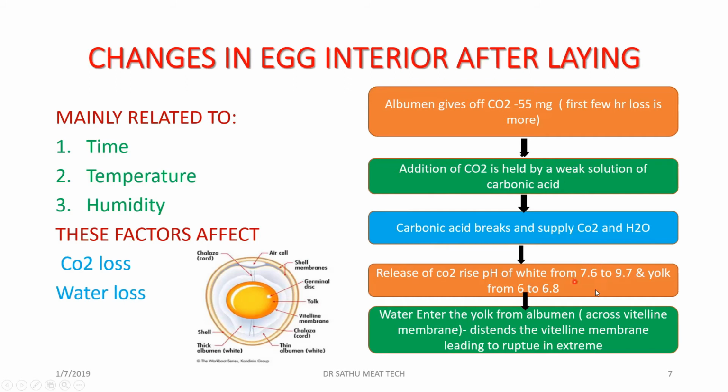Normally in the fresh egg, the pH of the albumin will be around 7.6. Due to the loss of carbon dioxide, the pH keeps increasing and it can come up to 9.7 or more. The yolk pH will increase from 6 to 6.8. And you can see here, this is mainly related to the temperature.